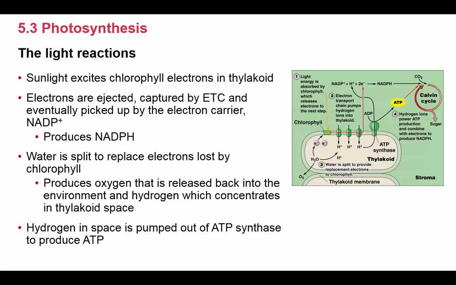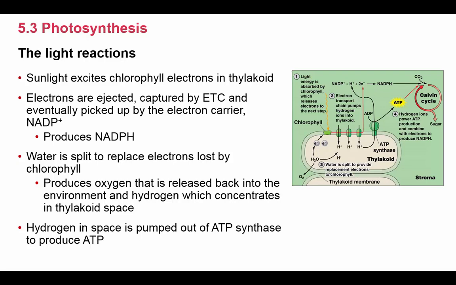The hydrogen of water will concentrate in the area inside the thylakoid called the thylakoid space. And eventually it's going to be pumped out through that enzyme ATP synthase, and it's going to make some ATP. So when we finish with the light reaction, we've got NADPH and ATP.